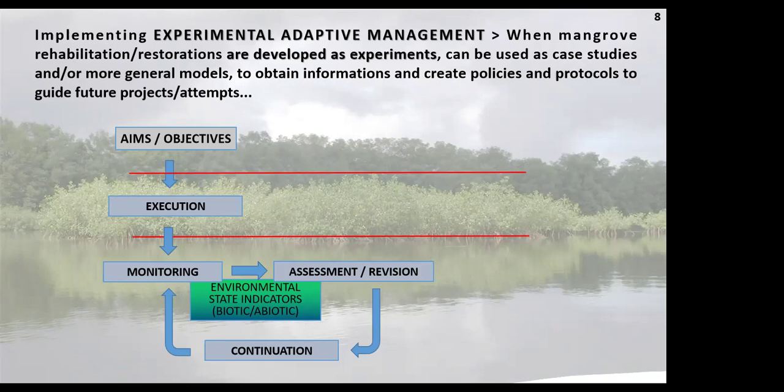This continuation requires permanent monitoring of the actions to gather important information. And in the same way, you can think about extending the actions of the project, be it in the area restored or in the human communities reached by the project, by the advantage of the mangrove restoration. This is the experimental adaptive management.